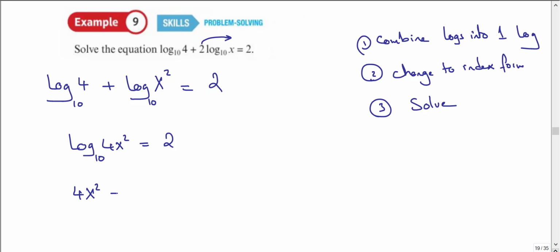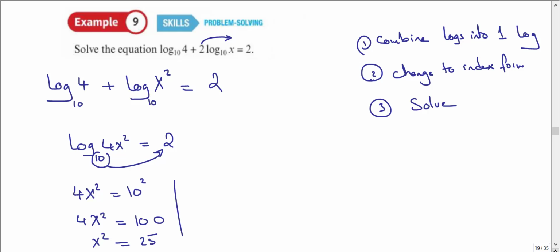So 4x squared equals, take the base, raise it to this power, so 10 power 2, meaning 100. So 4x squared equals 100. So x squared equals 25, which means x will equal plus or minus 5. Why plus or minus 5? Because you should take the square root, and when you take a square root you consider both answers, plus and minus. So you have x equals 5 or x equals minus 5.